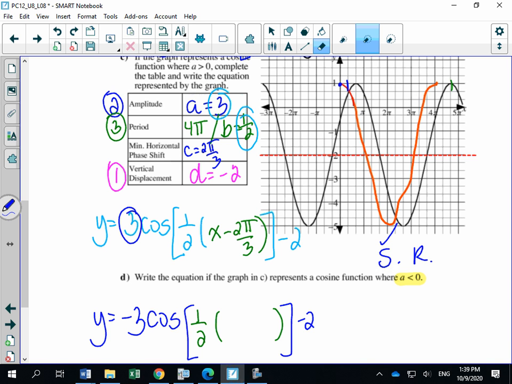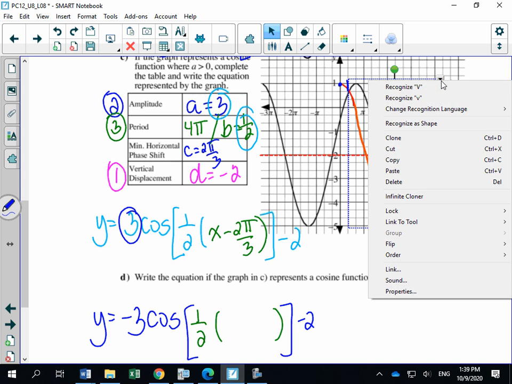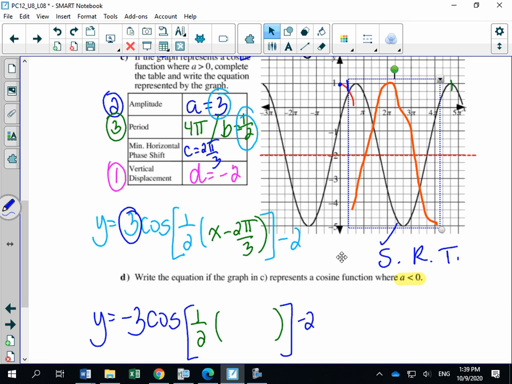So before I could do my translation, I must reflect this graph. You need to visualize this graph reflected. Okay, so this is what it would look like. Not all of it reflected for whatever reason, but that's fine.